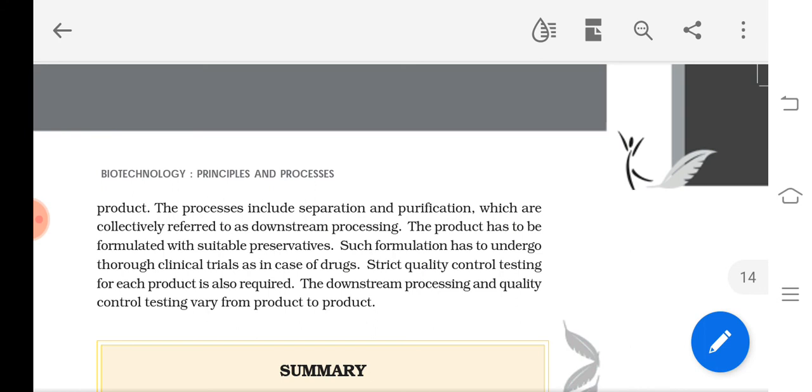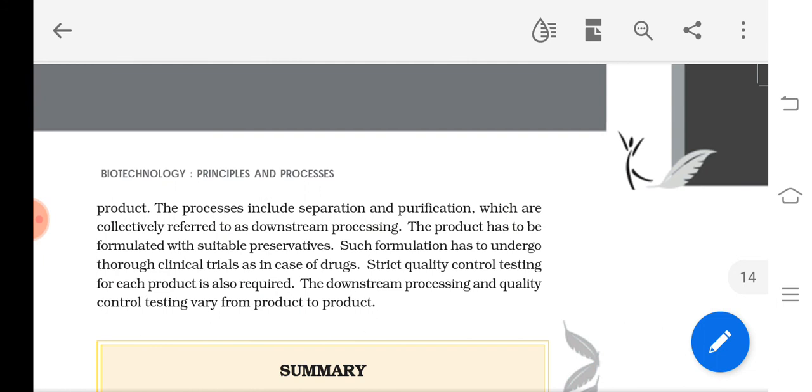Understood? And with these products, sometimes some kind of preservatives have to be added. In case of any medicines or something like that, thorough clinical testing has to be done. Then quality control testing, all that has to be done, and it depends upon the type of product we are obtaining.